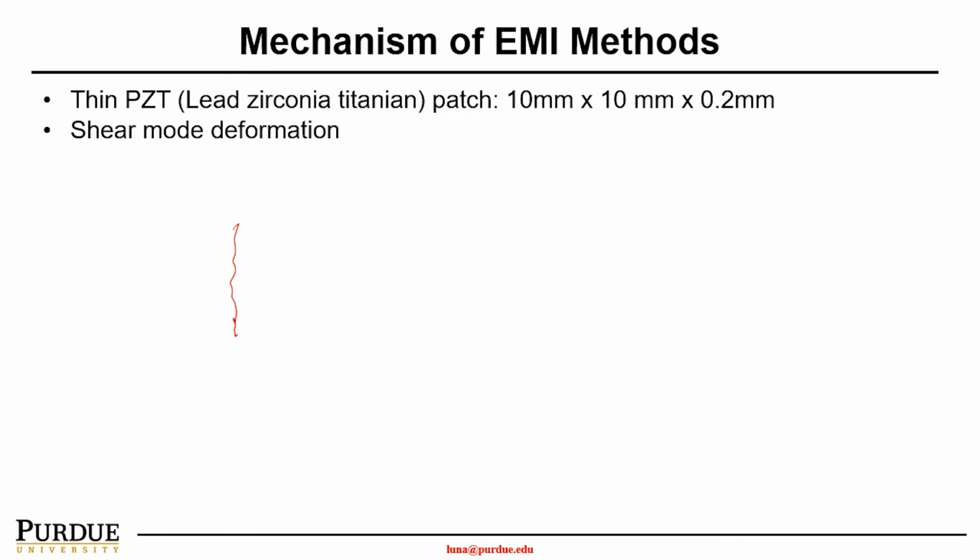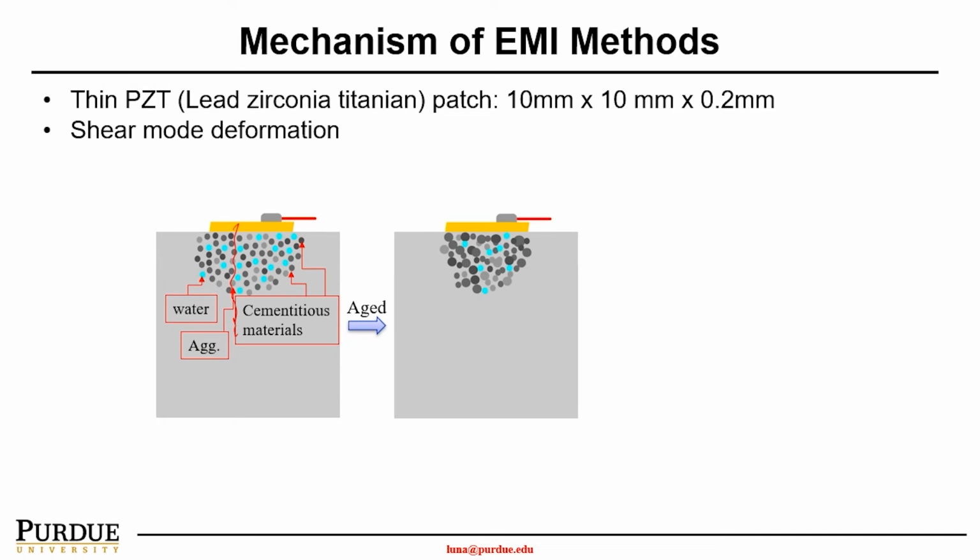In this slide, I would like to show you how we use a very thin layer of PZT to understand the strength development of concrete over time. As you can see here, we bond a PZT sensor on concrete and vibrate the sensor. So the sensor will send the stress wave into the concrete.